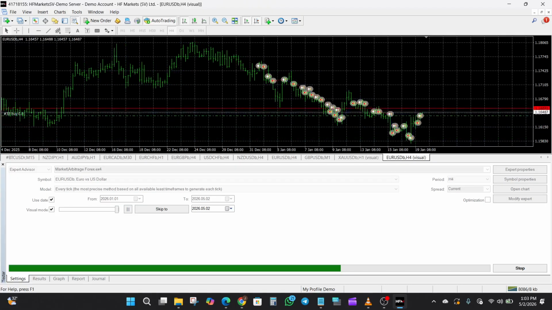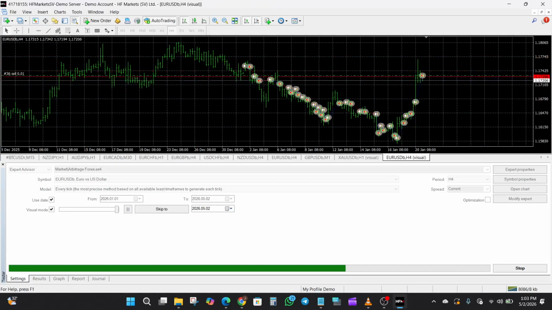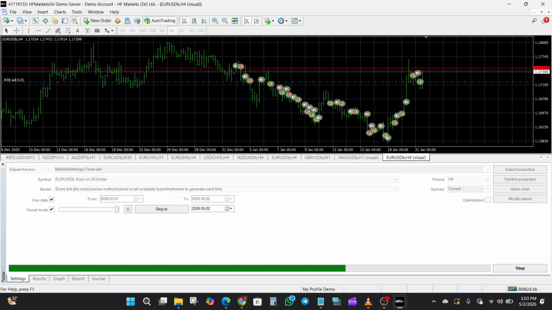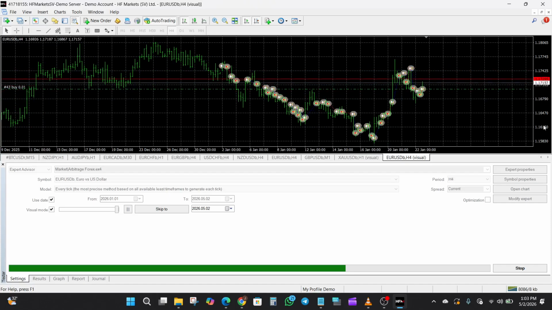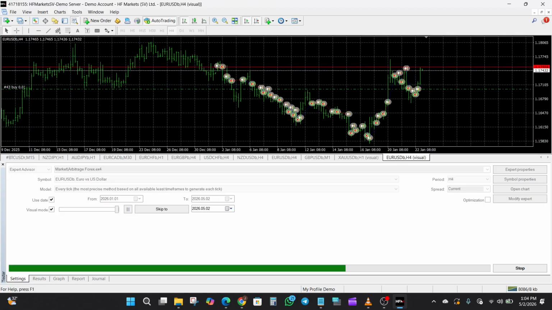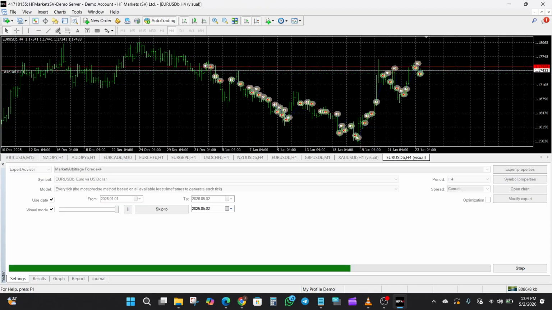Instead of committing to one direction, the EA is positioning itself to capture imbalance between movements. It's not about individual trade wins, it's about the combined position eventually reaching a net profit.